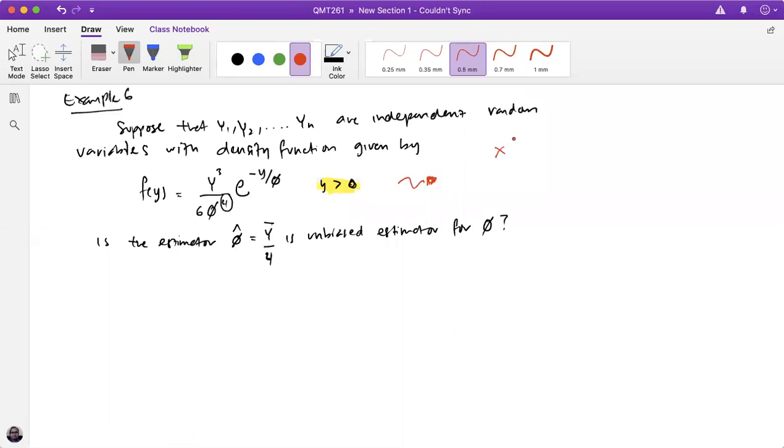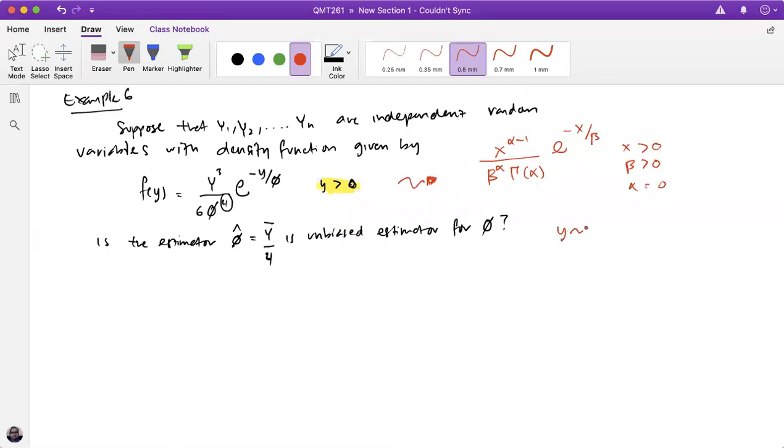The gamma distribution is x to the power of alpha minus 1 divided by beta to the power of alpha gamma alpha, times exponential of negative x divided by beta, for x more than 0, beta more than 0, alpha more than 0. Based on the PDF, you can say that this PDF looks like gamma distribution.